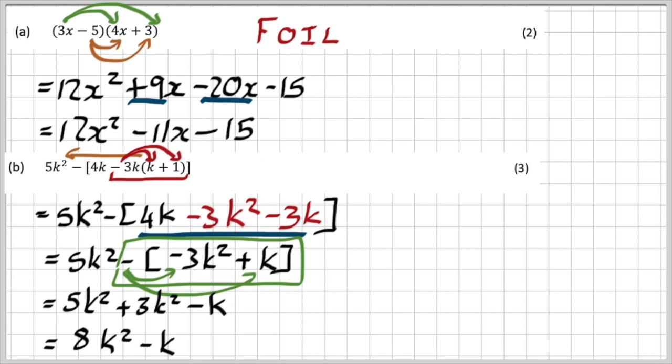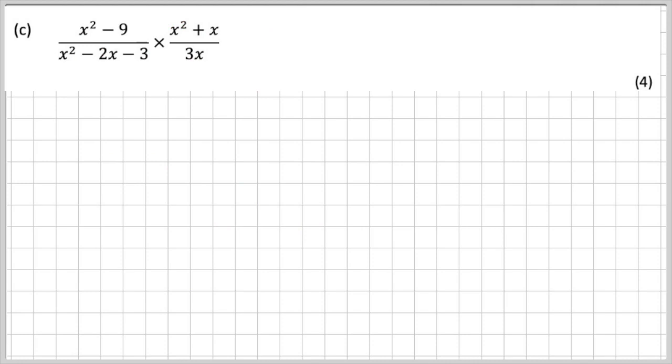So 5k squared plus 3k squared gives me 8k squared minus k. And there you've got the sum. So when you are getting rid of brackets, in other words, when you are multiplying out brackets, always work from the inside out. Let's have a look at the next sum.